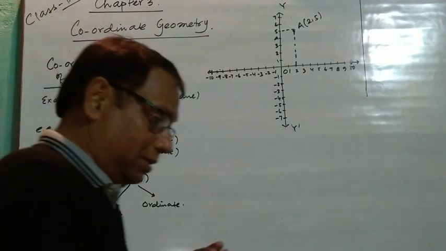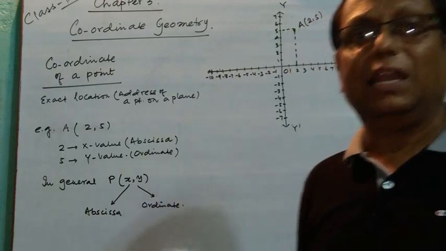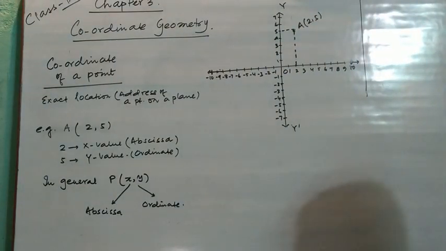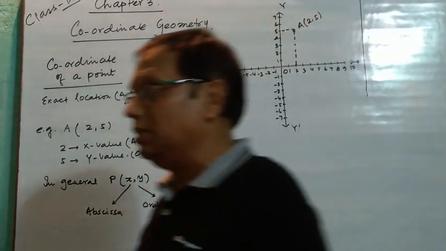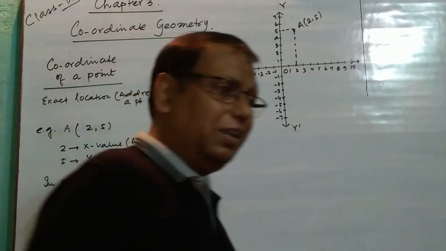For example, let us suppose that in your class there are 40 students. All the 40 students are the students of your class, that is the similarity. But each and every one of these 40 students has his or her own identity.